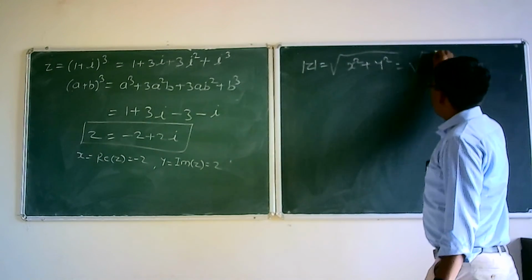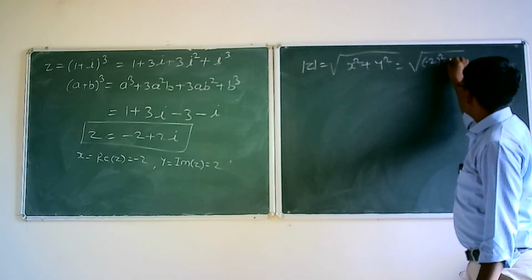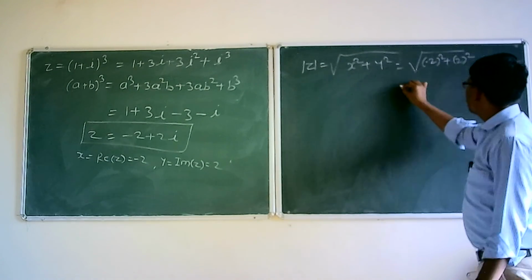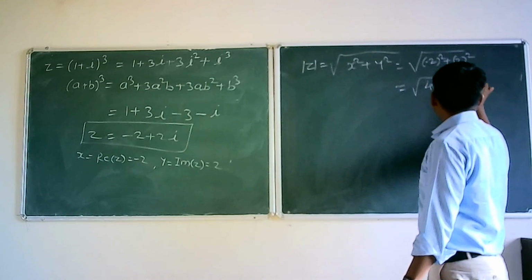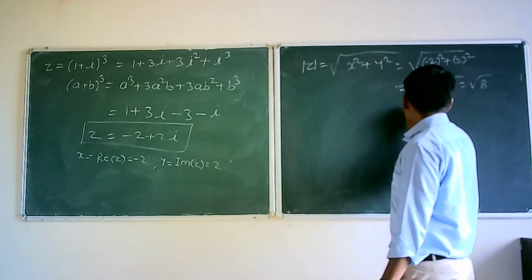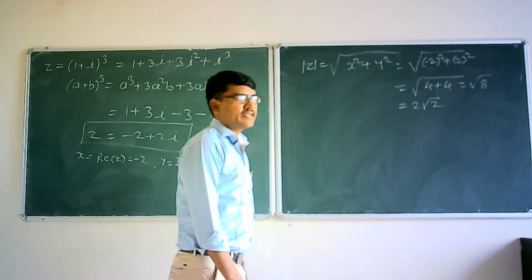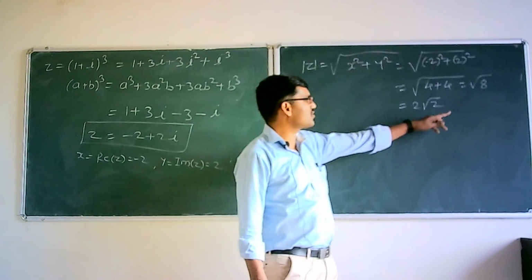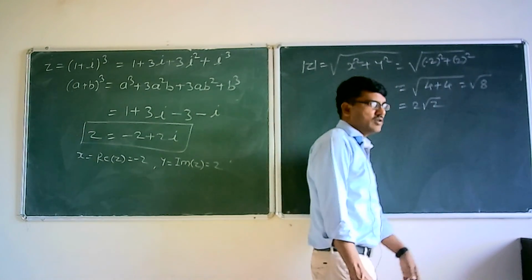So it is equal to √((-2)² + 2²). So it is equal to √(4 + 4). It is √8. It is also written as 2√2. So what is mod of z? It is 2√2, because this 8 can be written as 4 times 2, and √4 is 2, so 2√2.